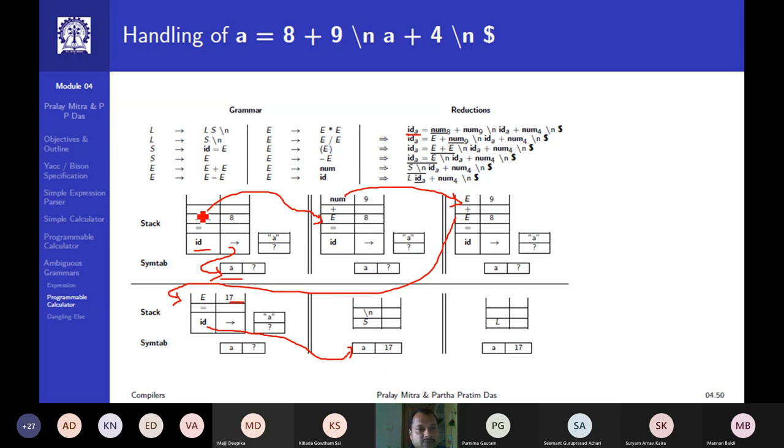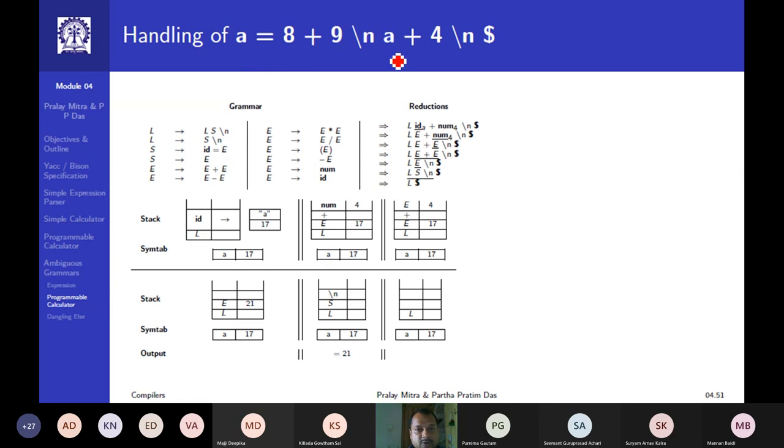Now this ID equals E will be reduced to S using this third production rule. Then this S will be reduced to L. We are not done yet. We have finished only this part. So to look for the second part, a plus 4 slash n dollar.